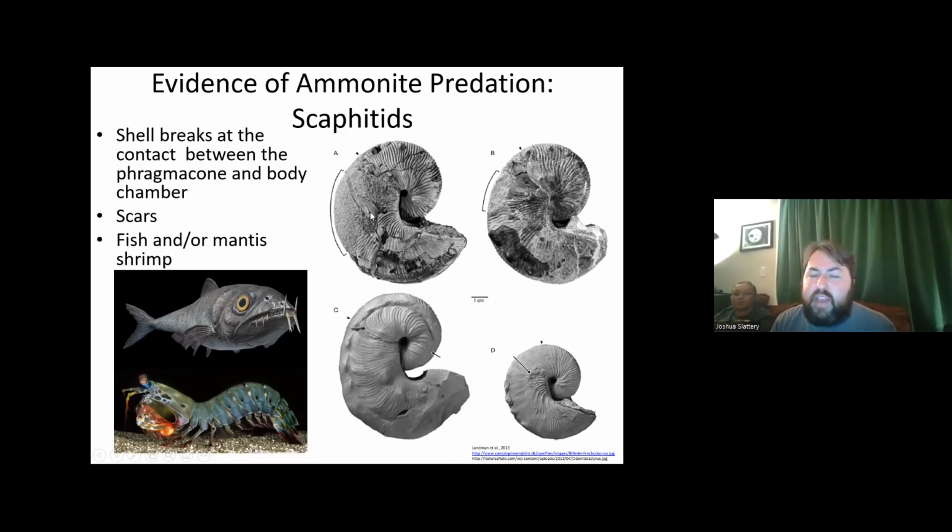So what we think is happening is that something like a fish or even a mantis shrimp is consuming these scaphitids. And mantis shrimp, I don't know if anyone has ever seen a mantis shrimp, they punch everything. That's how they attack things. So what it suggests is that these guys were living close to the sea bottom and were either getting bitten from behind, or getting smacked by a mantis shrimp from behind.